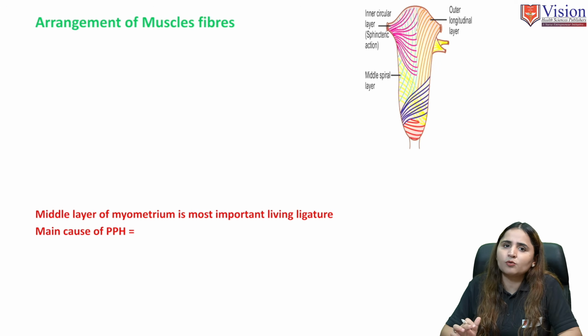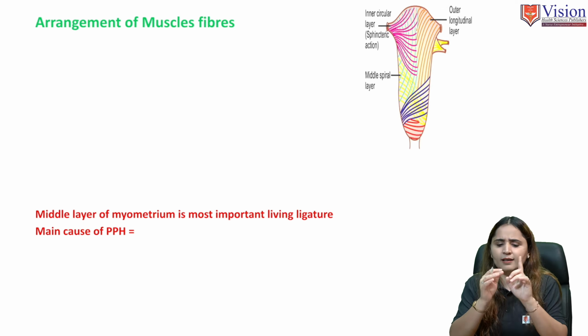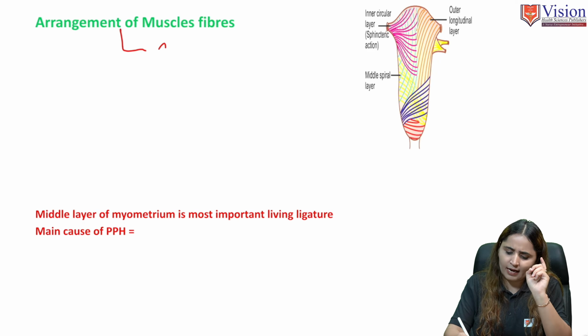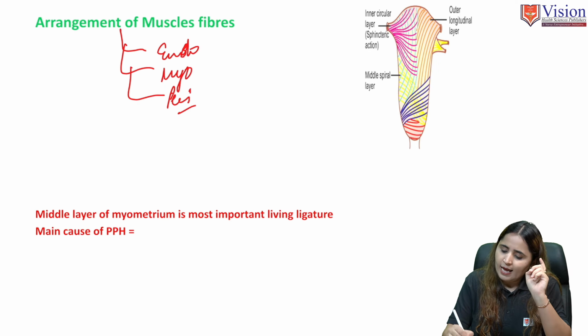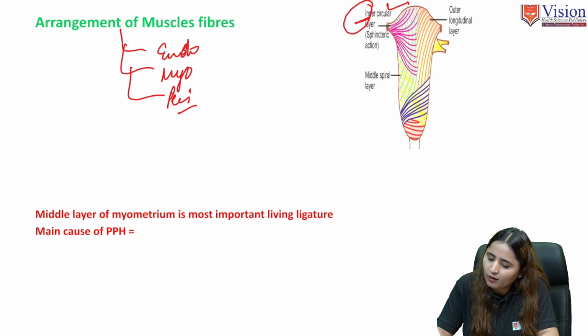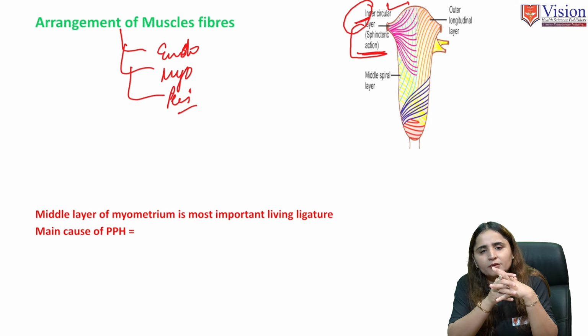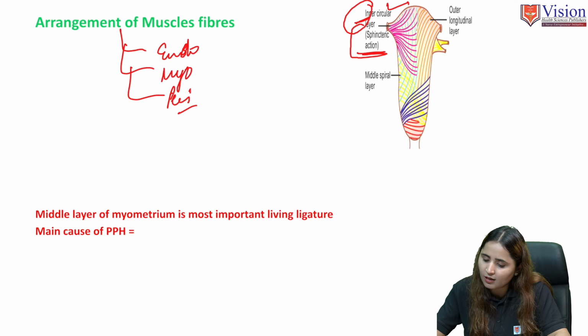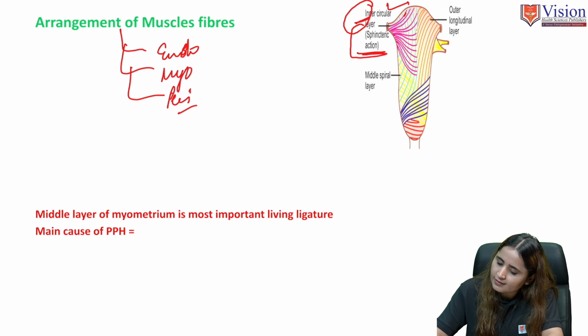Another change in the uterus is the arrangement of the muscle fibers. We all know that there are three layers of the uterus, that is the endometrium, myometrium and perimetrium. The inner layer's uterine muscle fibers are arranged in a circular manner, whereas the outer layer is arranged in a longitudinal manner.